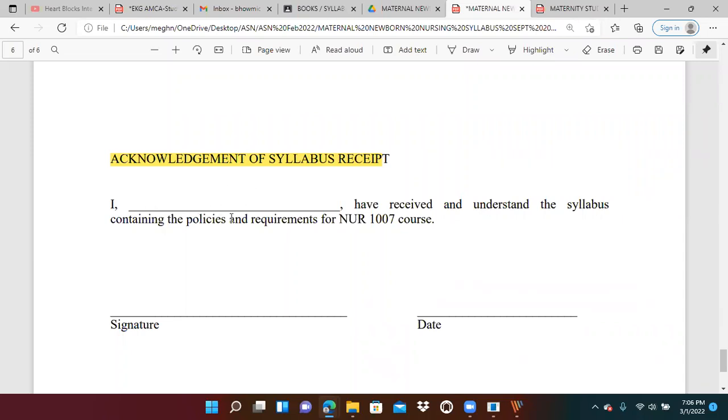You can write your name, and I have, like, my name is Dr. B. I have received and understand the syllabi and contain the policies, right? You have to sign, put your date, and you can email me.